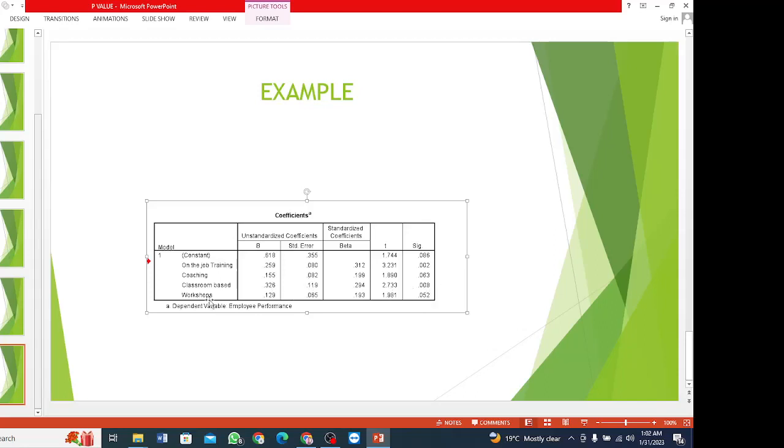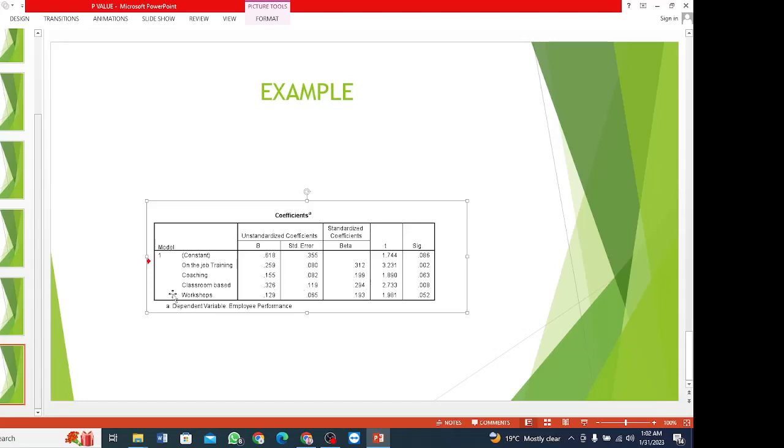However, workshop does not have a statistically significant relationship with employee performance, since our p-value here is 0.052, which is greater than 0.05.